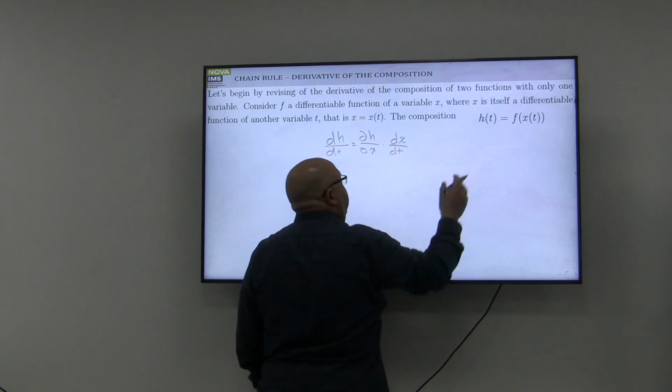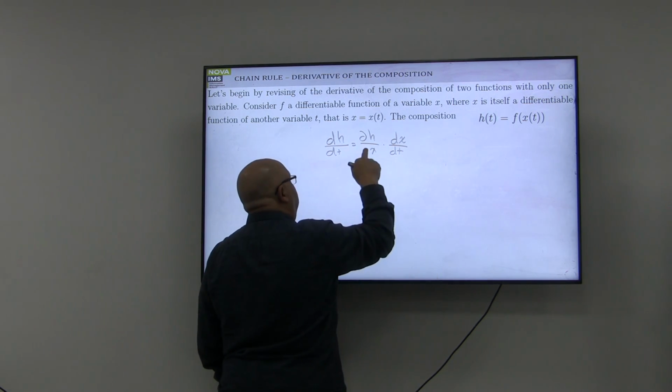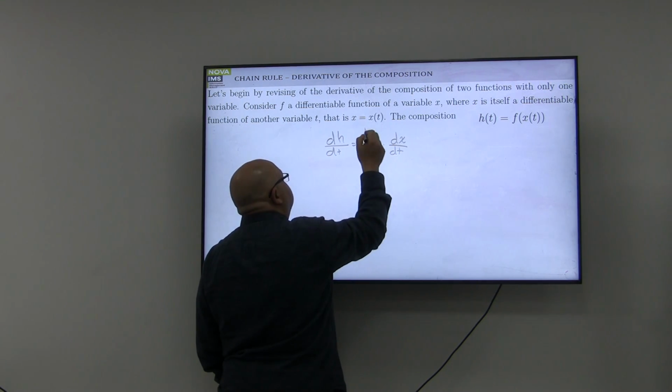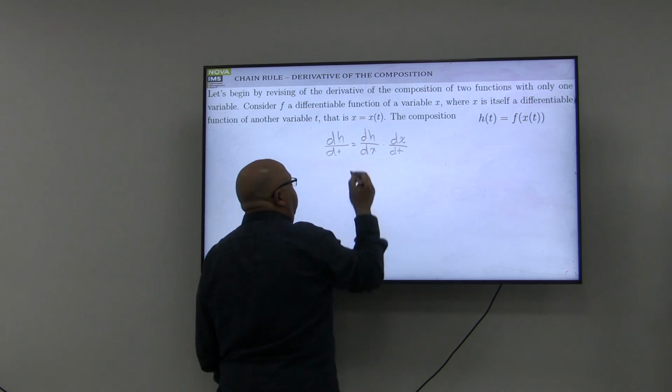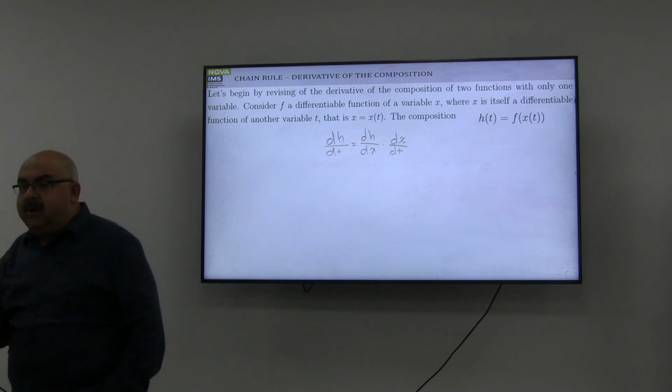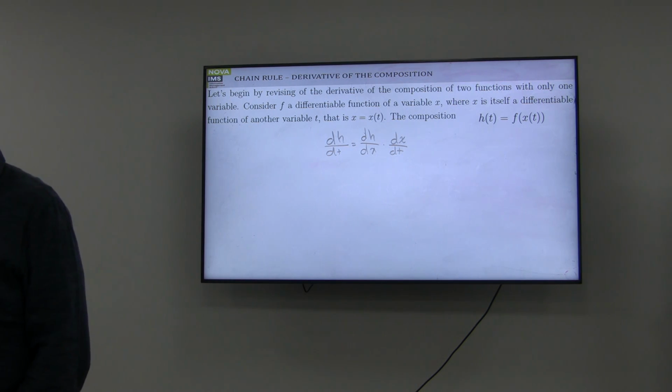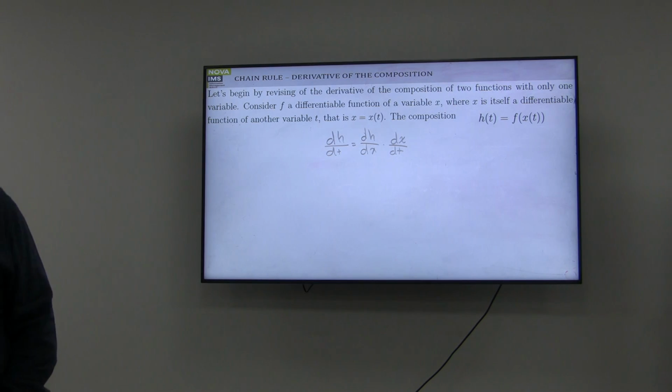Since we are talking about a function in one variable, then we will deal with the total derivative. So it's going to be dh by dx. If you remark, it's a differentiation of h with respect to its component. So the first thing, I will differentiate h with respect to x times the differentiation of x with respect to t.